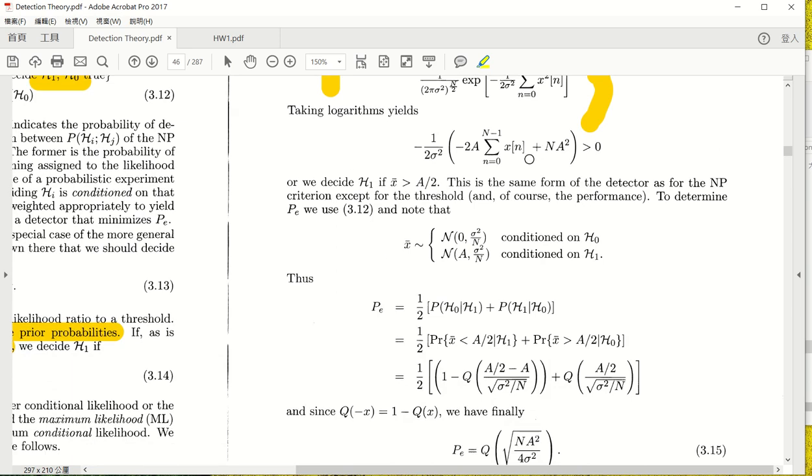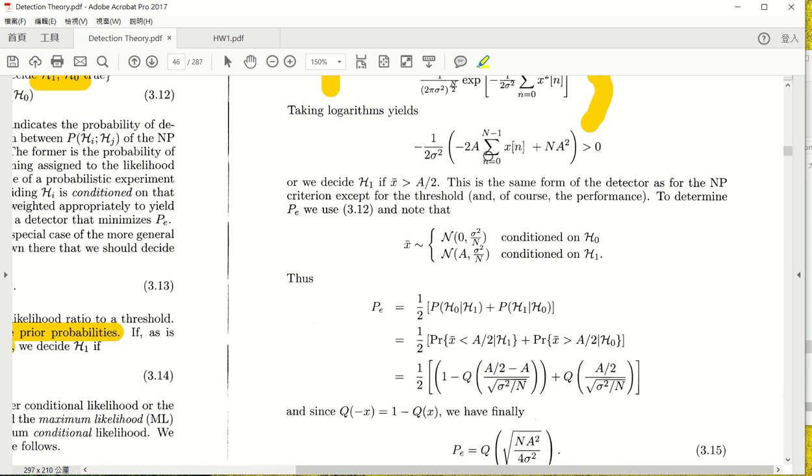Then you get what? Your decision criteria. 最重要的就是我们要导出 decision criteria. 那 decision criteria 根据这个式子，你就注意看，题目给你什么？They have given you sigma square. They have given you A. They have given you N. So everything is given except X, right? But X is not supposed to be given because it's from observation.